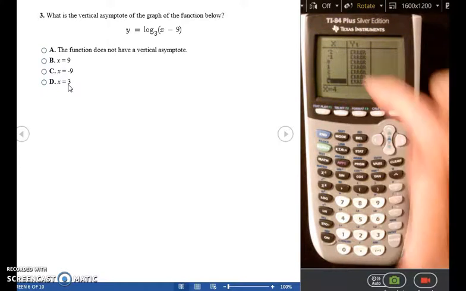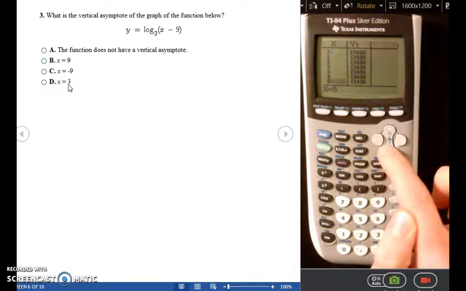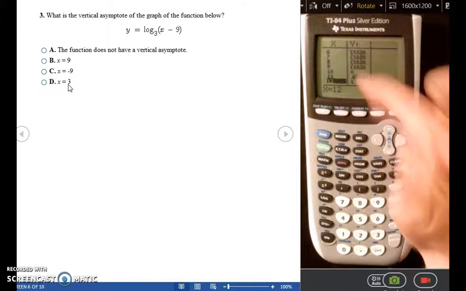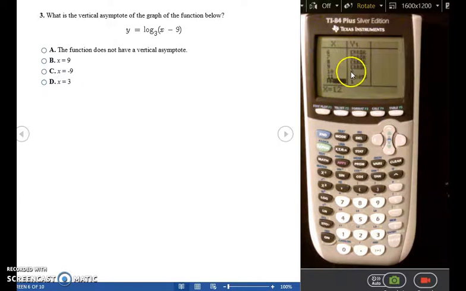And so then 3, it's still error before and after. But at 9, it says error, but then there's numbers above and below it. So that means that 9 is your asymptote. The graph gets closer and closer to 9, but it never goes below it. So that means x equals 9, choice B, is going to be your final answer.